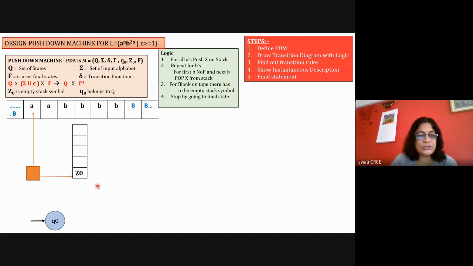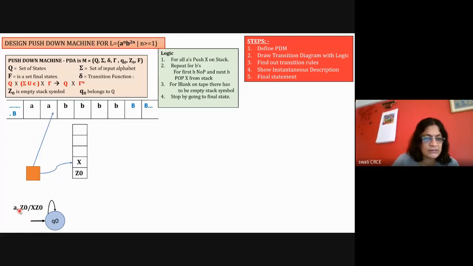Now in the state Q0, suppose I'll say that with A, Z0. Okay, so the initial condition is, see the transition: in the state Q0, A comma Z0. If it is like that, then XZ0 is the condition. So in the transition diagram, whenever you draw the transition, this is the input and the operation indicated.